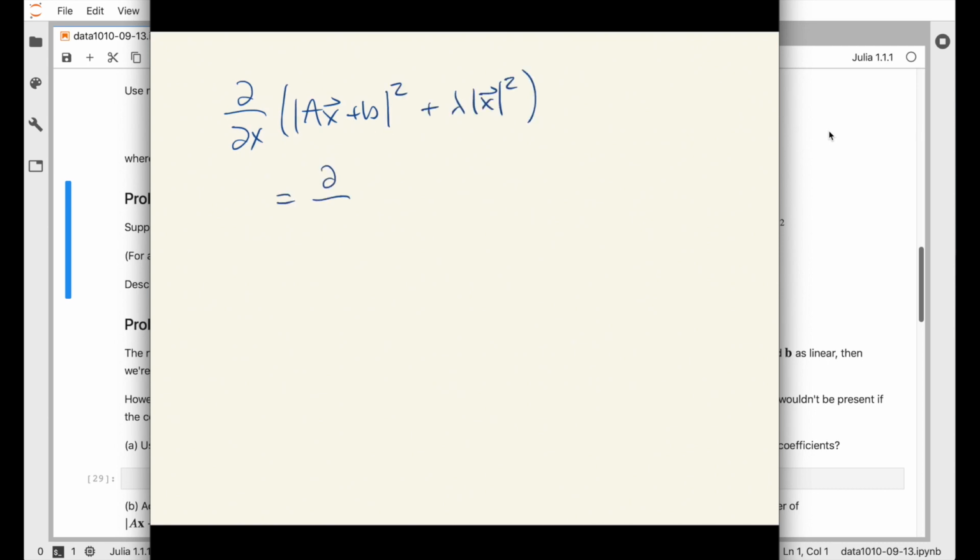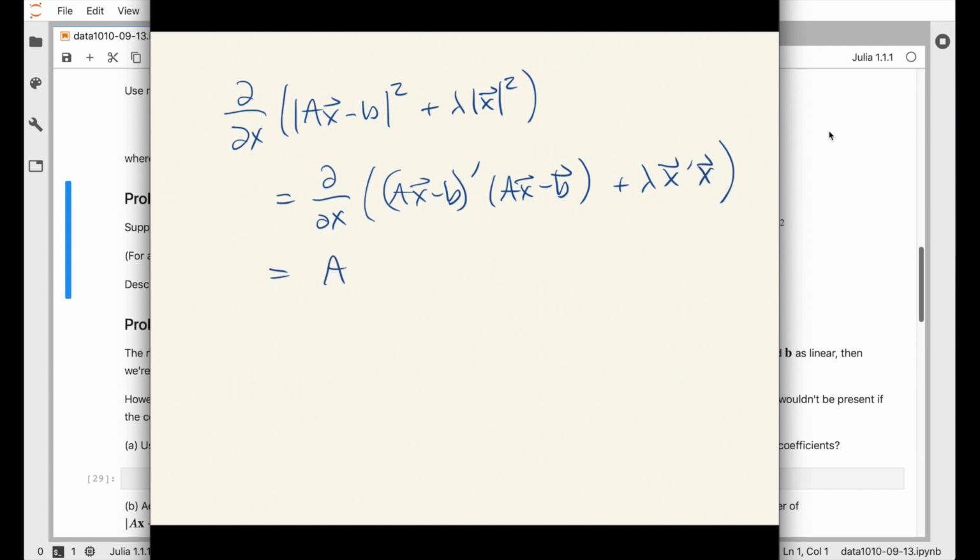So the first thing we're going to do is rewrite these norm squareds as a vector transpose times itself. So it's going to be Ax minus b transpose times Ax minus b, plus lambda times x transpose times x. Now we can apply the product rule.